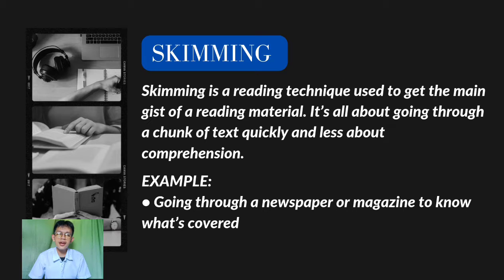When you are about to purchase a certain product and you are reviewing the information, you don't really read all the information that is in there. You just do skimming to know what that product is about, what it is for, or how you use it. So that is how we do skimming.